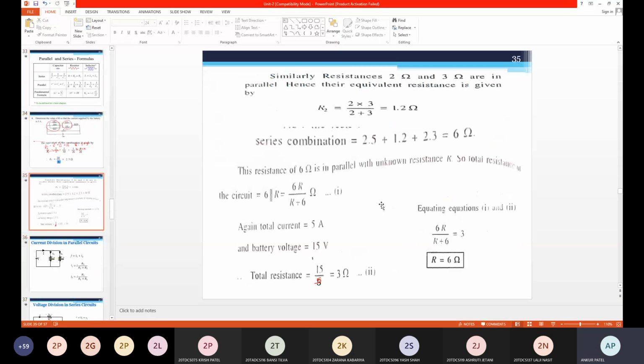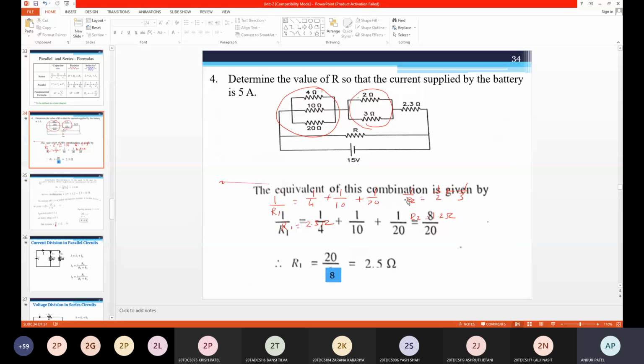In tomorrow's lecture, we will move to star delta transformations. We will do star to delta transformations and get the equivalent resistor equations, then delta to star equivalent resistor equations.